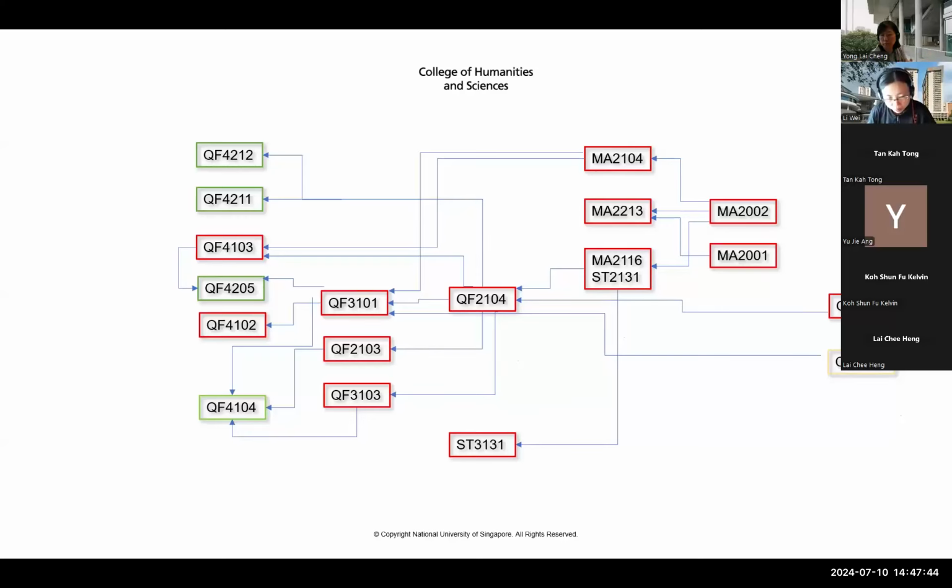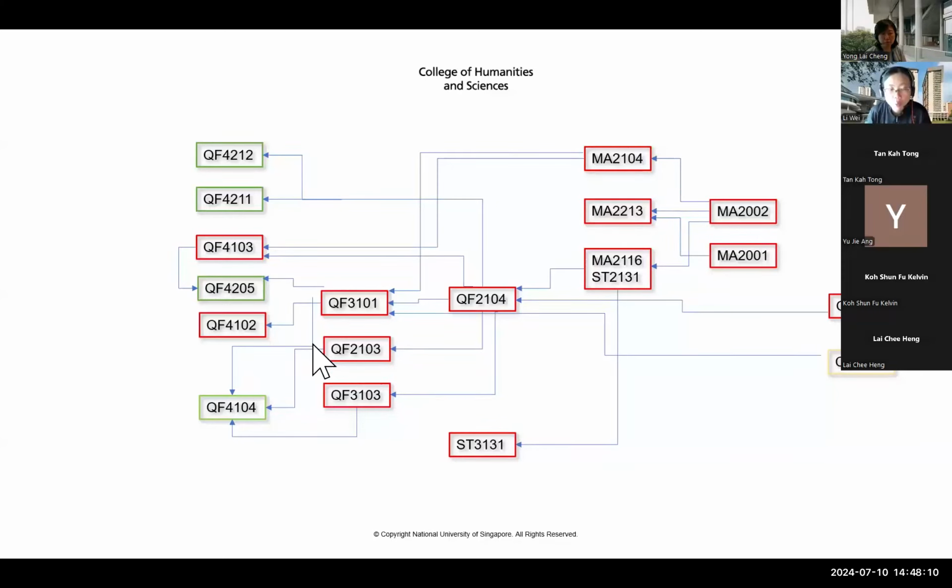The only one focusing on computing is QF 2103. Sorry, I forgot to put a line here, between CS 1010 and QF 2103. This is the course focusing on computing skills in finance. After you take CS 1010, QF 2103 should be doable.